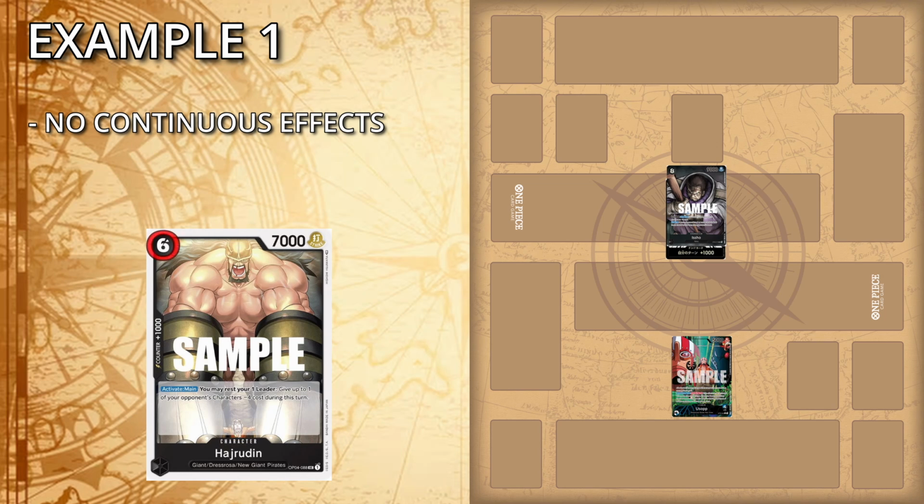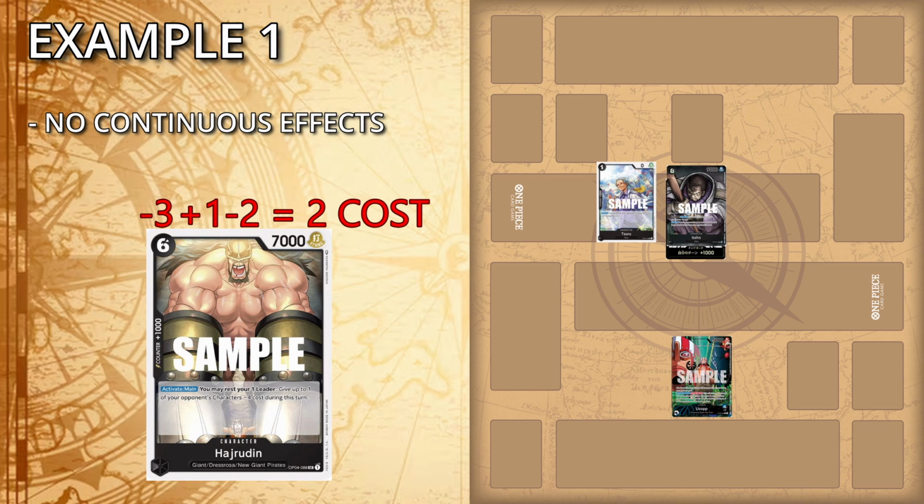Hydrogen is a 6-cost, Isho's effect interacts first and reduces the cost by 3, so Hydrogen's cost is 3. Next, Usopp checks applicability and sees Hydrogen being a 3-cost, so Usopp buffs Hydrogen to 4. Lastly, Tsuru is played and reduces the cost by 2 more, and Hydrogen becomes a 2-cost. So the final result is Hydrogen being a 2-cost.